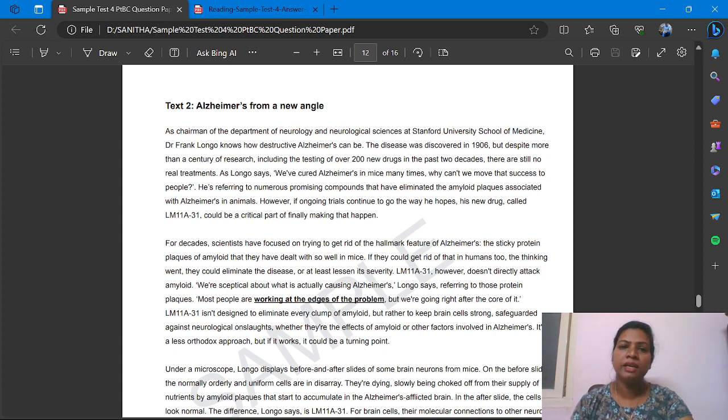No one is familiar with the articles and materials, so we are going to approach this test as if it were the first time in the OET exam hall. Let's discuss today's topic, Alzheimer's from a new angle.